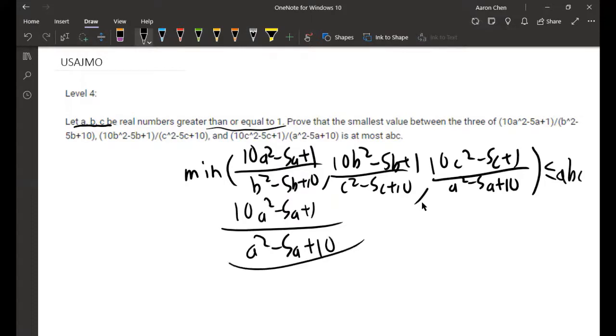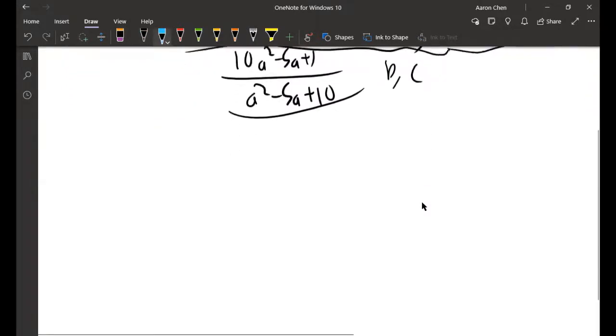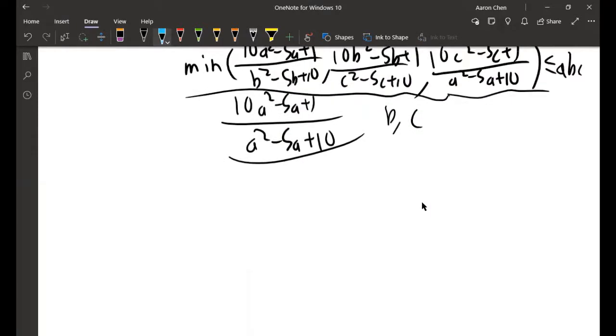And so if we focus on this and find some bounds on it, and we do the same for b and c, and then we multiply them together, then we should be able to prove this. So first of all, these terms are somewhat similar to that of 5 choose 0, 5 choose 1, and 5 choose 2.